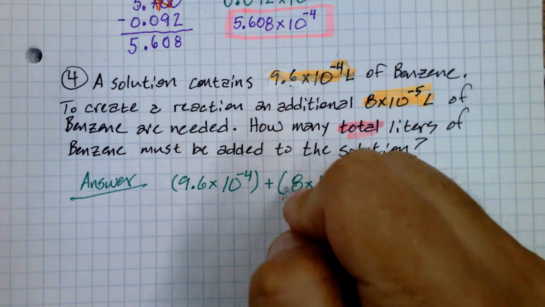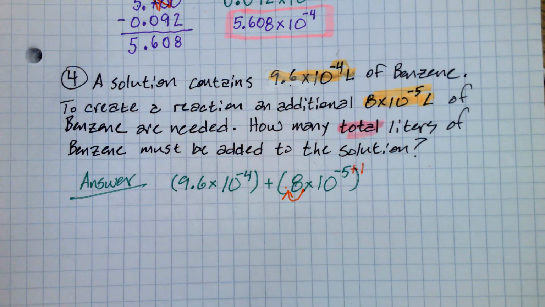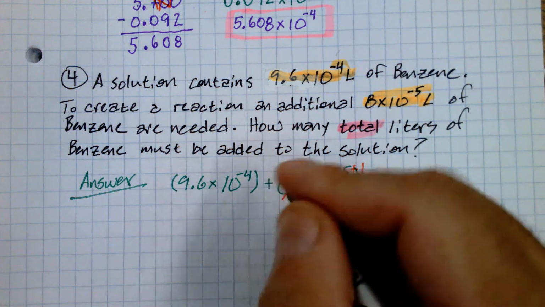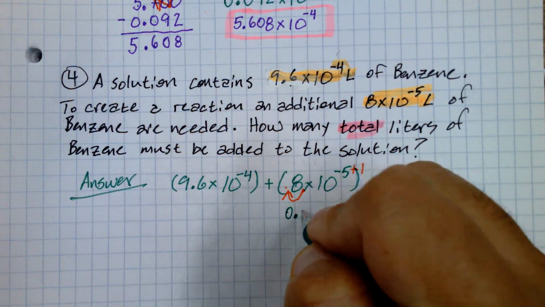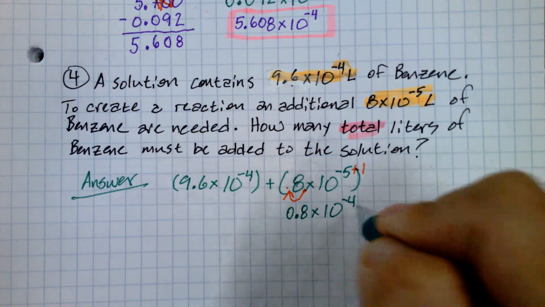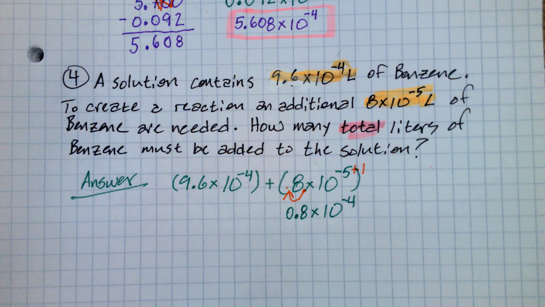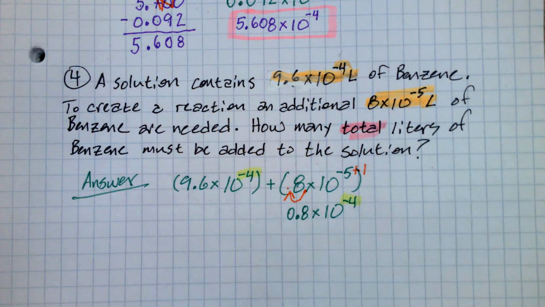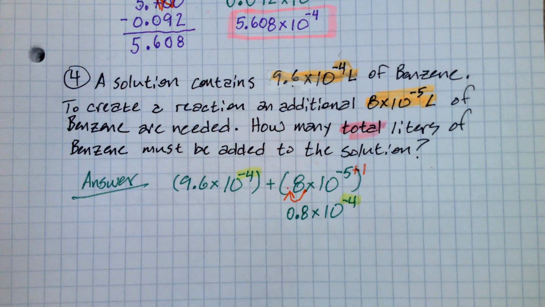It's going to become 0.8. Okay? So our new number is 0.8 times 10 to the negative 4. Because now we have both of these as 10 to the negative 4, and we can add those.